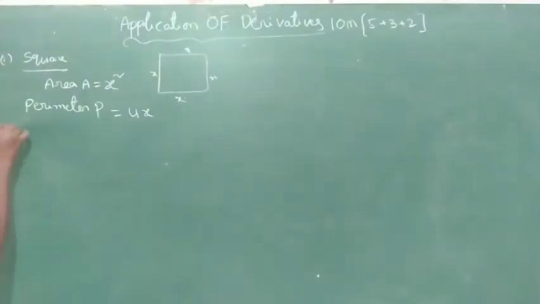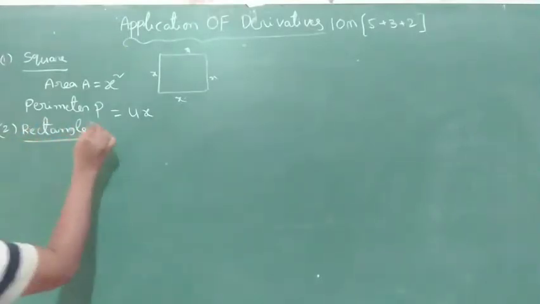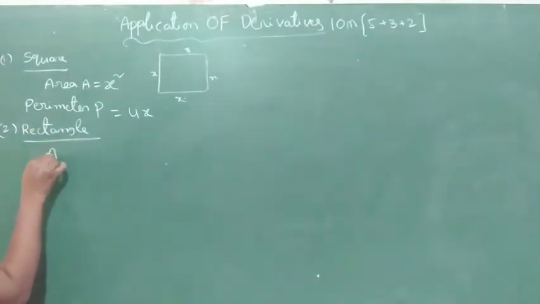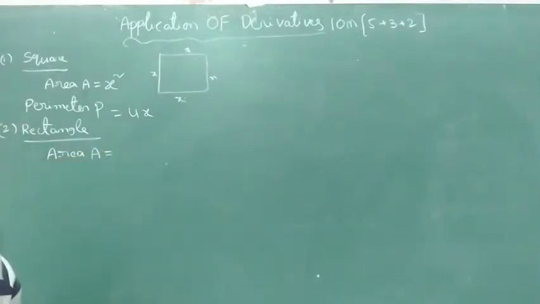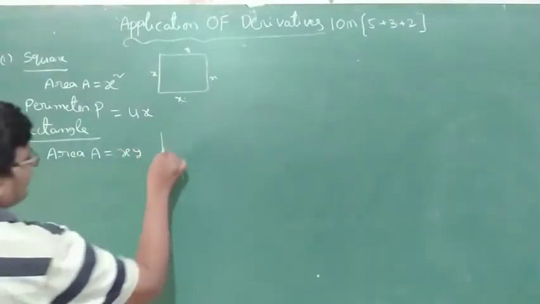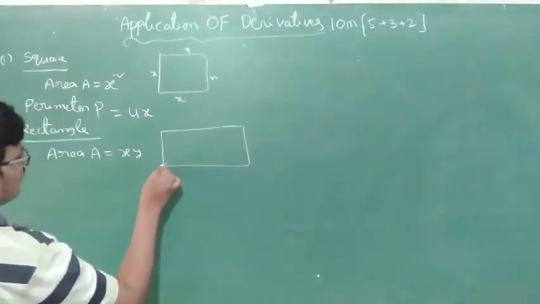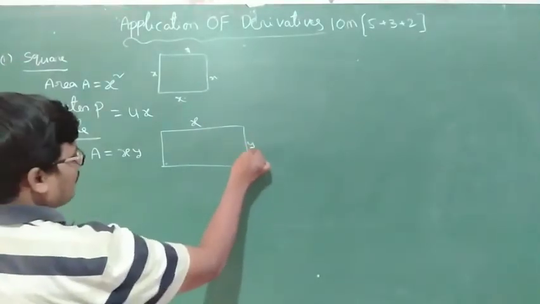Next, second one, rectangle. Area A is equal to x into y. This is the diagram of rectangle: length x, breadth y.